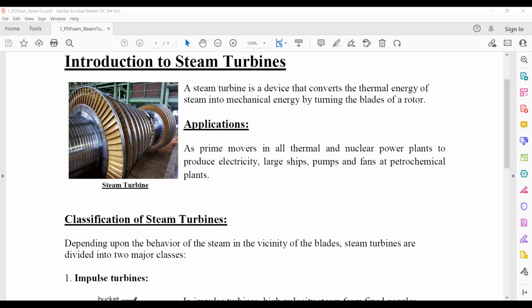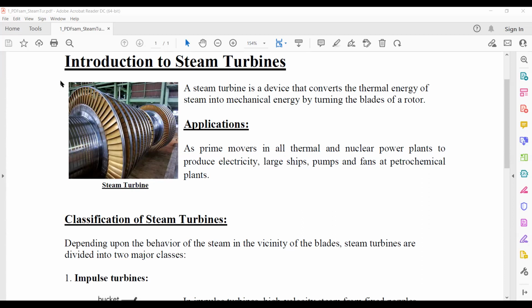In the actual power plants, the turbine consists of different stages, like the first stage, second stage or third stage, or they also name the different stages as low pressure stage, high pressure stage, or medium pressure stage. So there are different nozzles attached to the different stages.